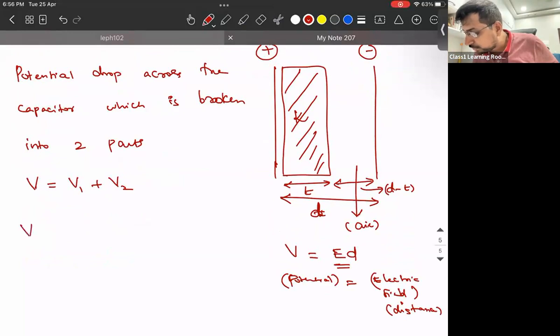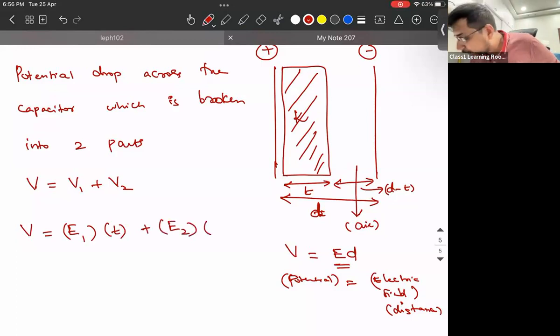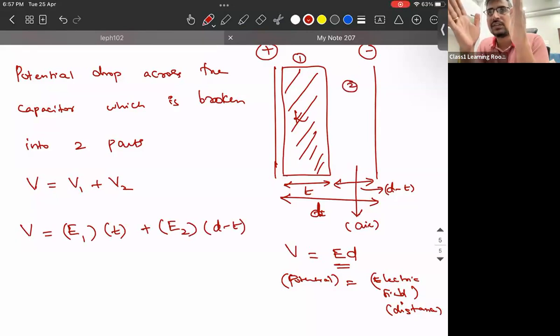What is going to be the potential drop across the capacitor? V will be equal to V1, which is the electric field across the first part multiplied with the thickness of that part, plus V2, which is the electric field across the second part multiplied with the thickness of that part, that is D minus T. Am I clear with this first region, the second region? So the total potential drop across the capacitor is equal to the potential drop across the dielectric plus the potential drop across the remaining medium.